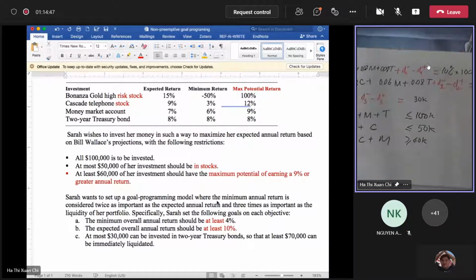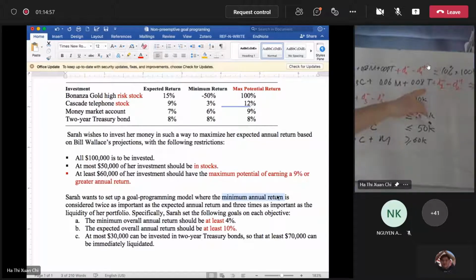So what does it mean? So annual return. What is the annual return? Minimum annual return, that is D2.